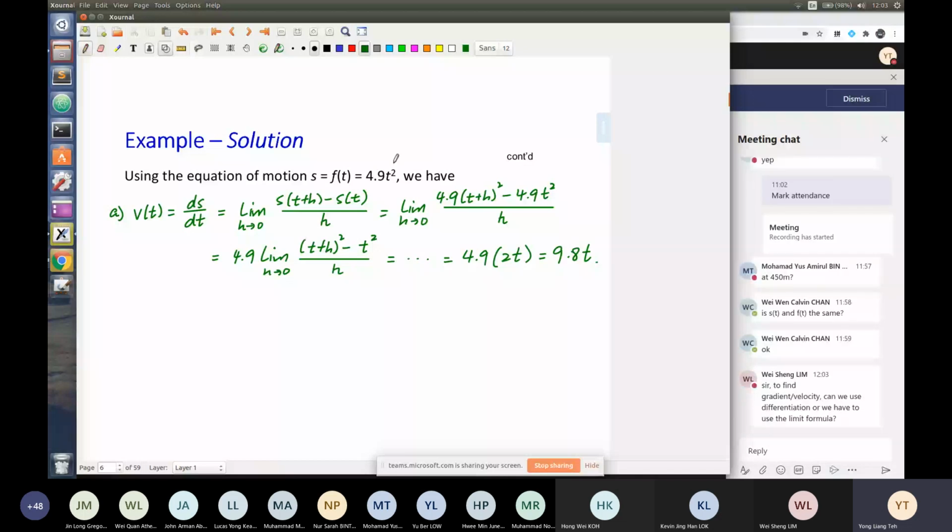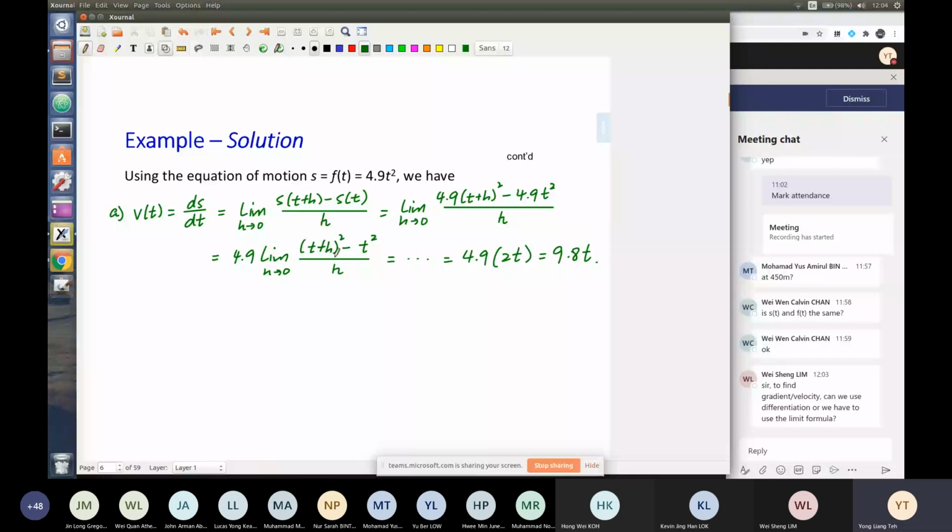Someone asked: to find the gradient velocity, can we use differentiation? Good question. As I mentioned just now, it depends on the question. If the question says use the fundamental definition of the limit to find the velocity, then you have to do this.